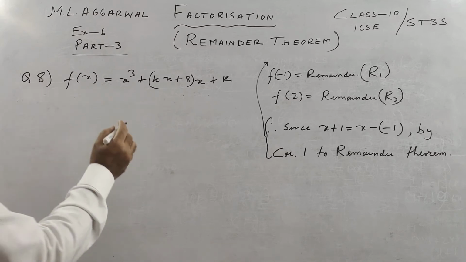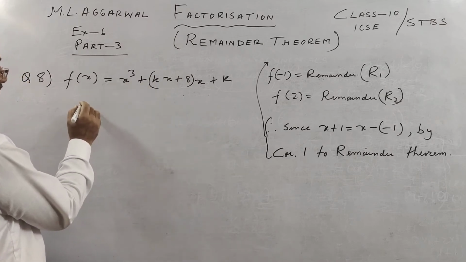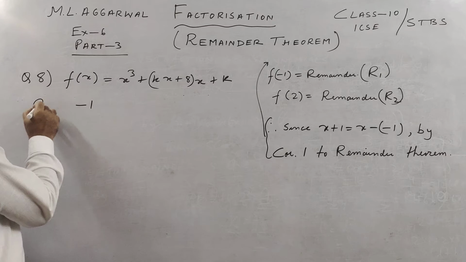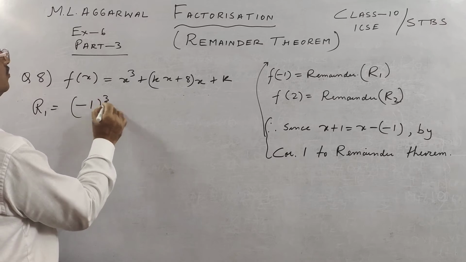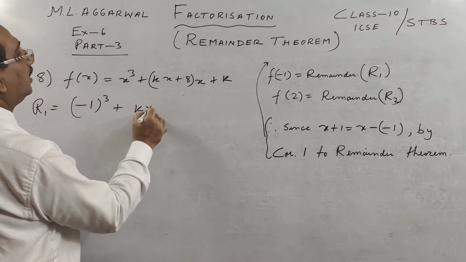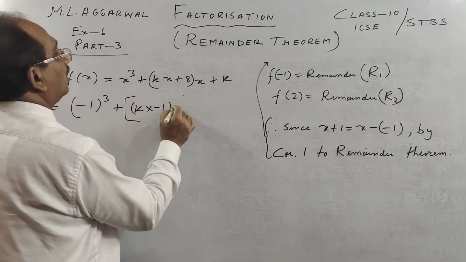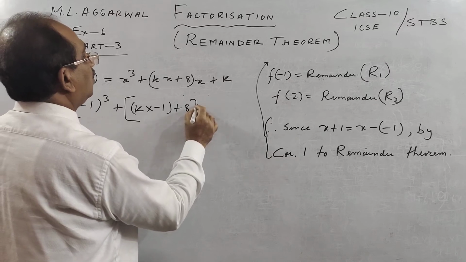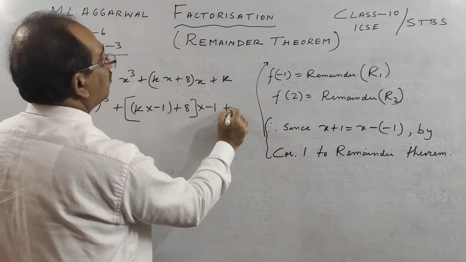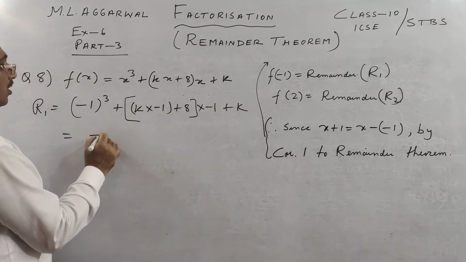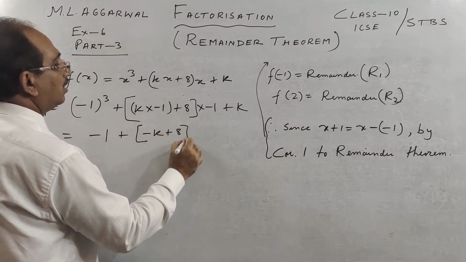So see here, in place of x I put minus 1. So my remainder 1 will be f(minus 1). So minus 1 cube plus k into minus 1, okay, I'm using small brackets and big brackets, plus 8 into x. Again, wherever x is, children, you put minus 1, minus 1, minus 1 plus k. So this I'll get in terms of k. Here you see, children, minus k plus 8 when multiplied.